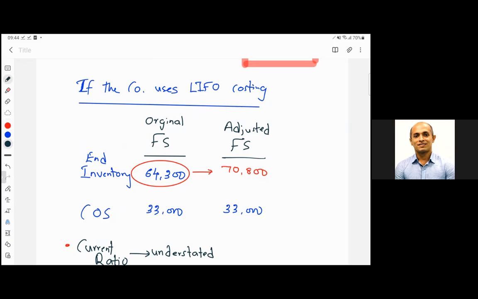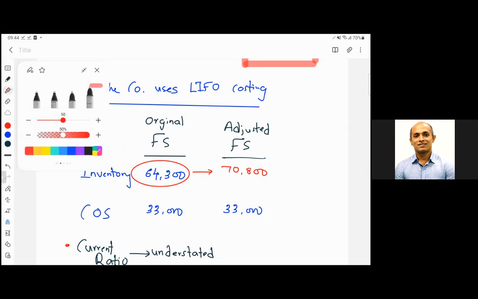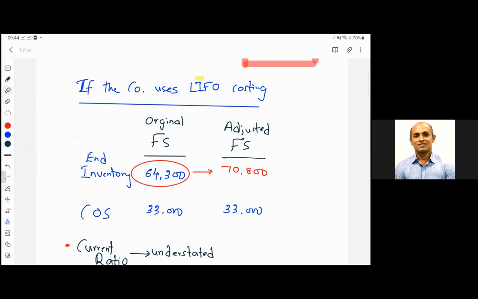Now this is one situation. When your company follows LIFO costing, your inventory value is not suitable to do the analysis, because in LIFO costing, your inventory value is understated. So you need to bring the inventory value to current cost.